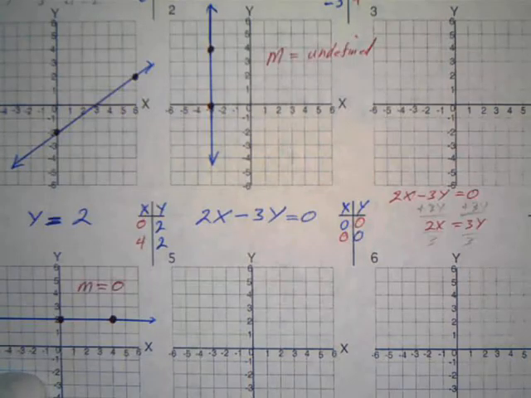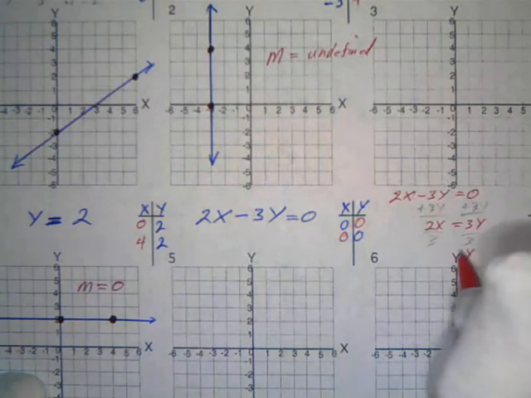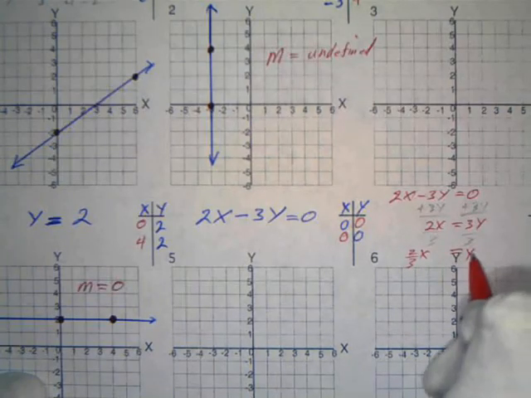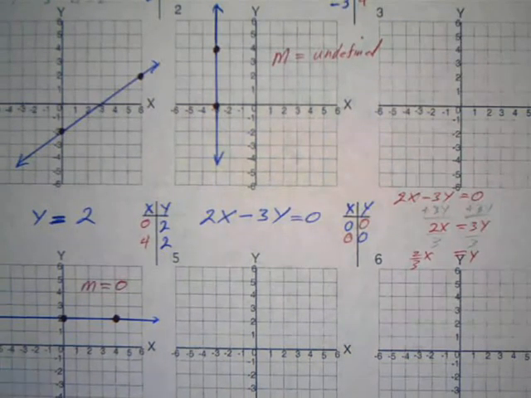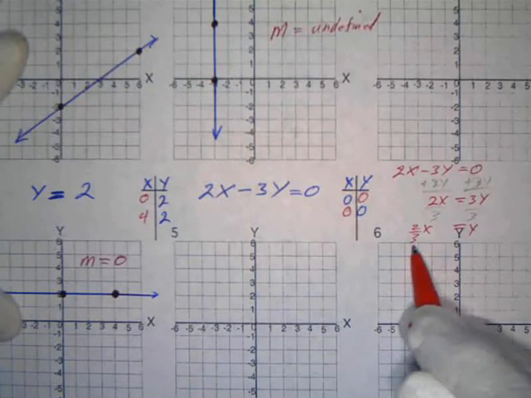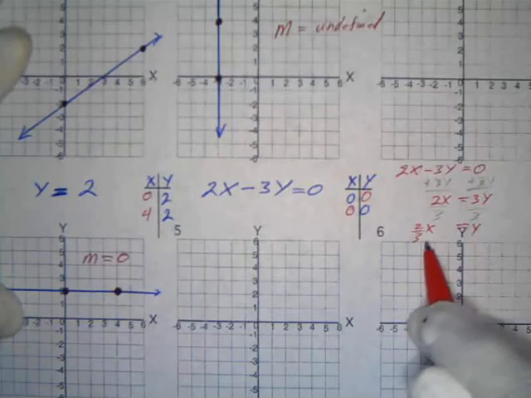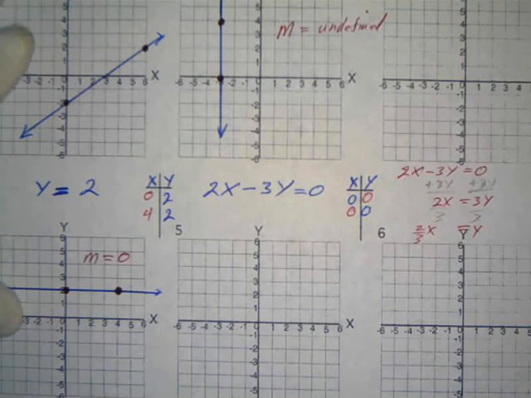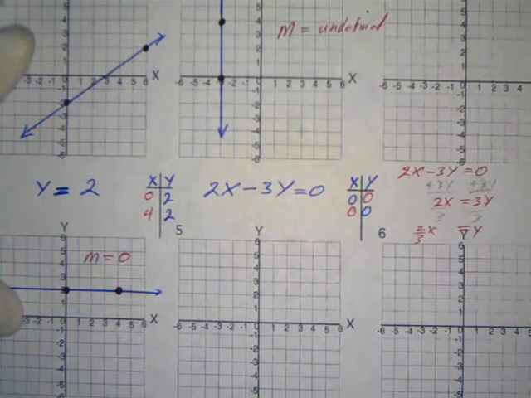And I have y equals 2/3 x. So what I can do is I can find a value of x now, and then I can figure out what y is. And I want to pick again a value of x that is divisible by 3. So let's try 6 again. That worked before.